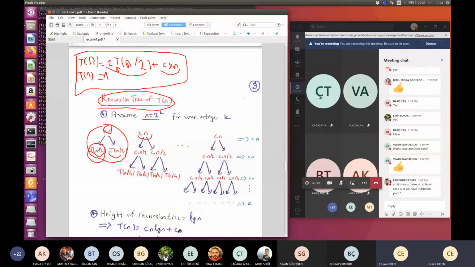How can I replace this T of n divided by 2? I will go and look at the definition of T of n. In the definition of T of n, if I replace this n and this n with n divided by 2, I should get the definition for T of n divided by 2. So replacing n with n divided by 2 in here, it tells me that T of n divided by 2 is equal to 2 times T of n divided by 4 plus C times n divided by 2.